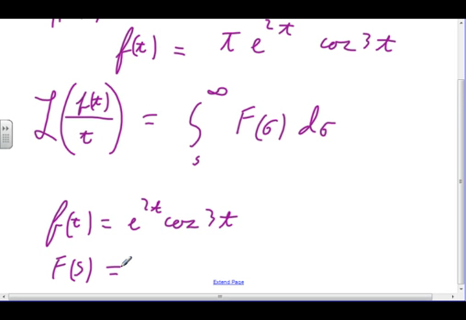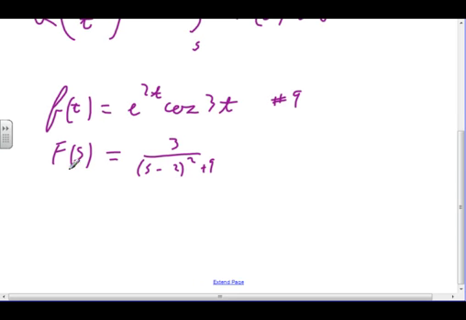That's number 9 on my Laplace transform table, with k equal to 3, so that'd be 3 over (s minus 2) squared plus 9.